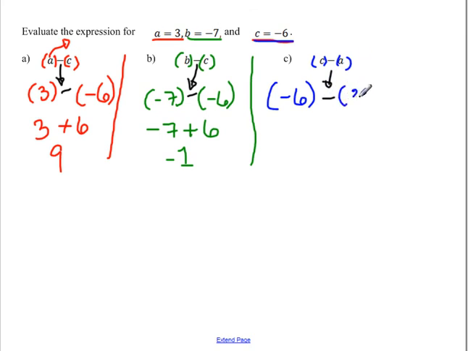It was just plain old 3, +3. So -6 minus 3. Well, subtracting is the same as adding the opposite. The opposite of 3 is -3. -6 plus -3 is -9.